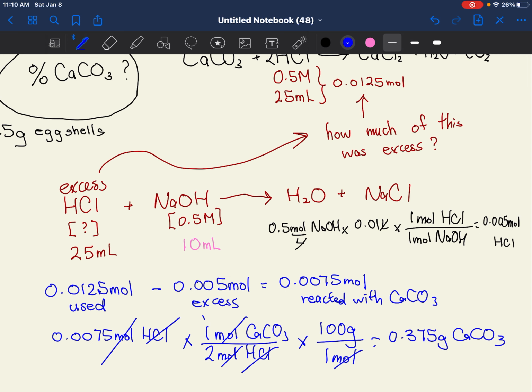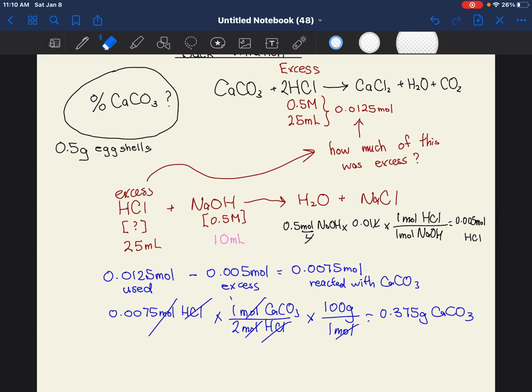Okay, so we know by dissolving and doing all the mathematical work that the amount of calcium carbonate for 0.5 grams of eggshell was 0.375 grams. So let's solve this question then. What is the percentage of calcium carbonate in 0.5 grams of eggshells?